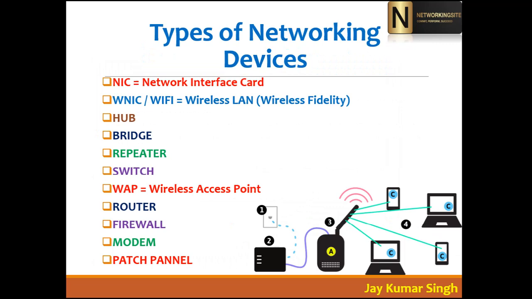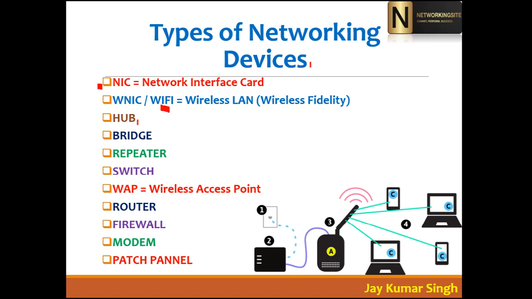Now here we have some types of networking devices like NIC, which is known as network interface card. WNIC is a wireless network interface card, or wireless fidelity, Wi-Fi you can say, which is inbuilt in your laptop, your phone, your tablet.